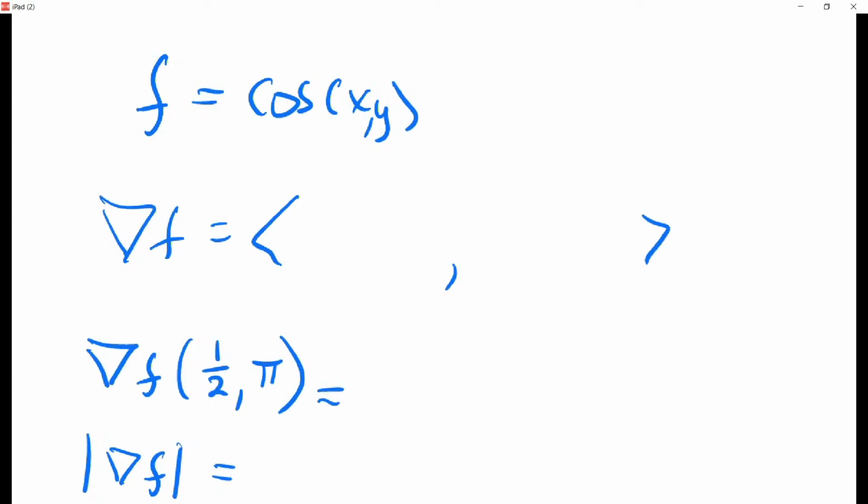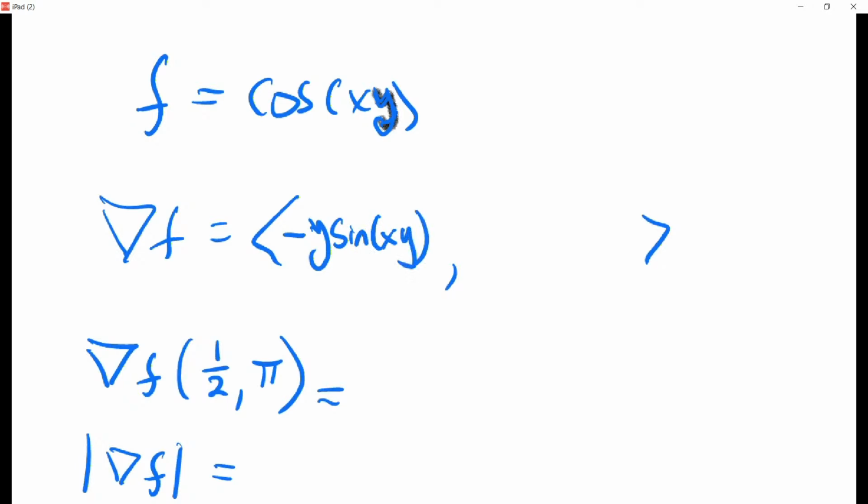I'll give you a minute to see if you can work those out. Do you know the derivative of this function in the x direction? Negative y sine of xy. Yeah, sorry about this. So it's negative y sine of xy.